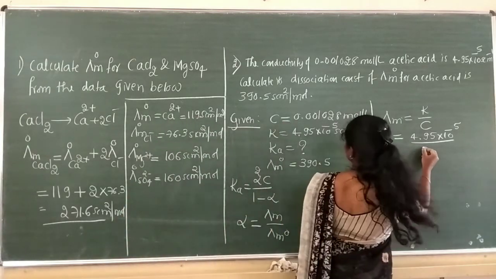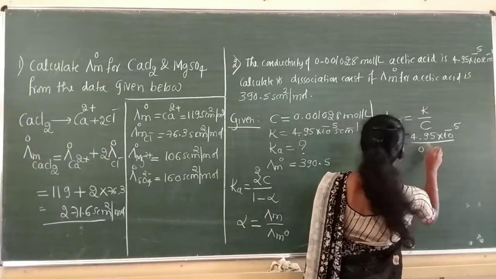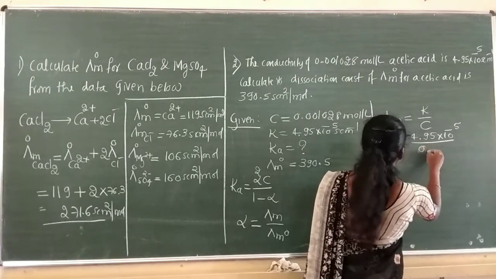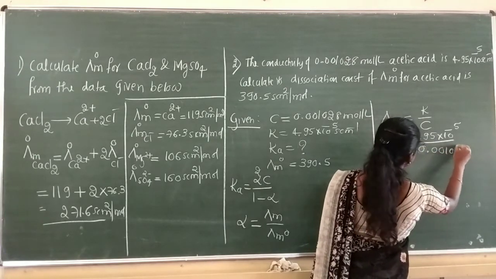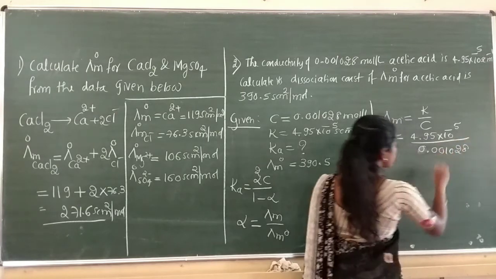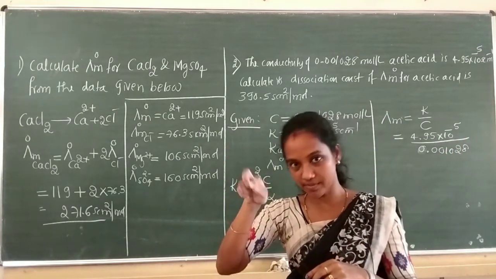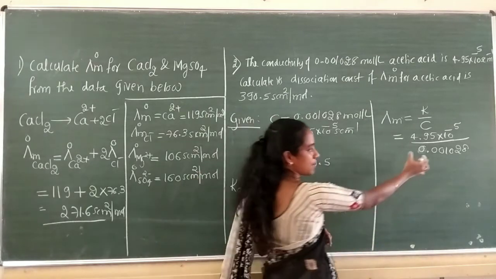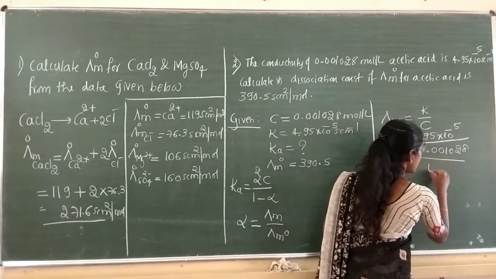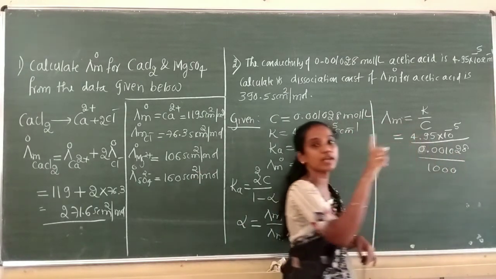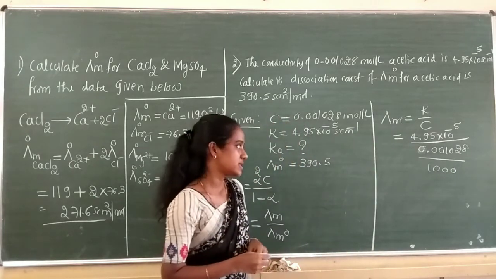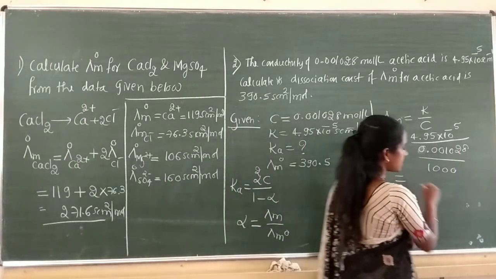So I'll write like this: 0.001028, the concentration in terms of molarity, number of moles divided by volume of the solution. So the number of moles divided by 1000. Why? Because 1 liter is equal to 1000 cm cube. So find out the answer here.